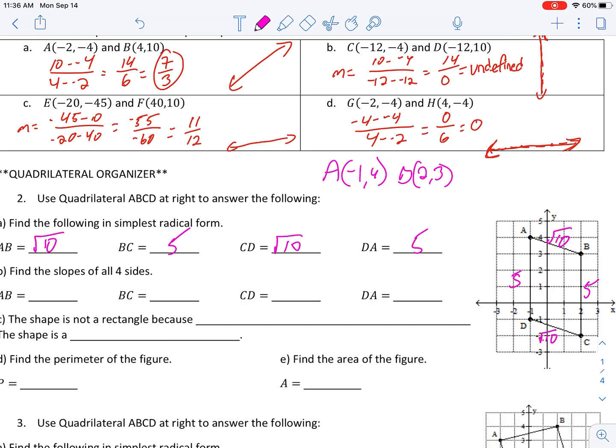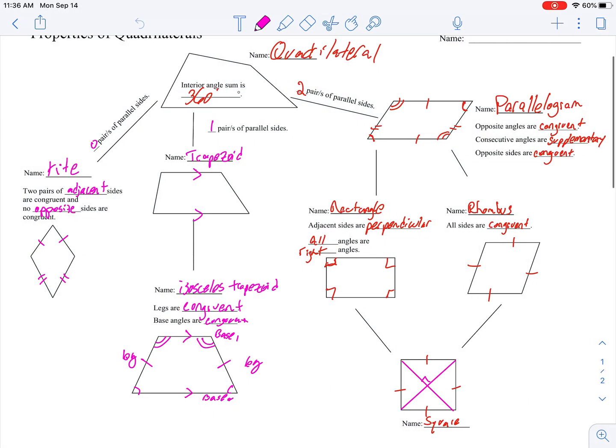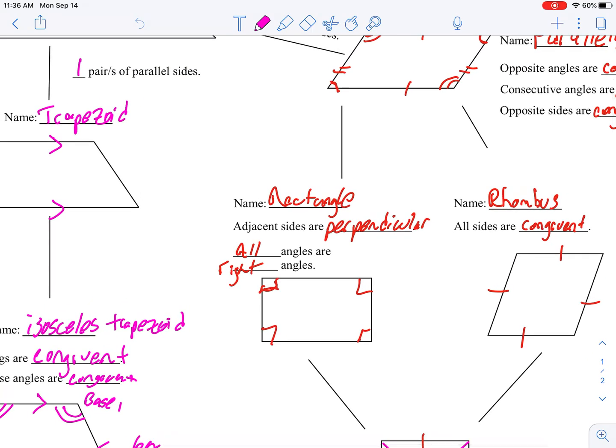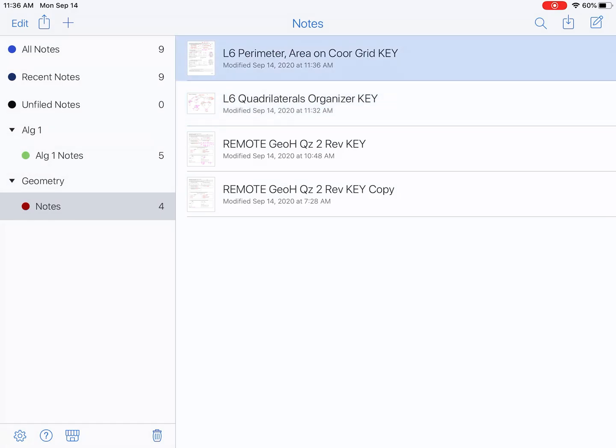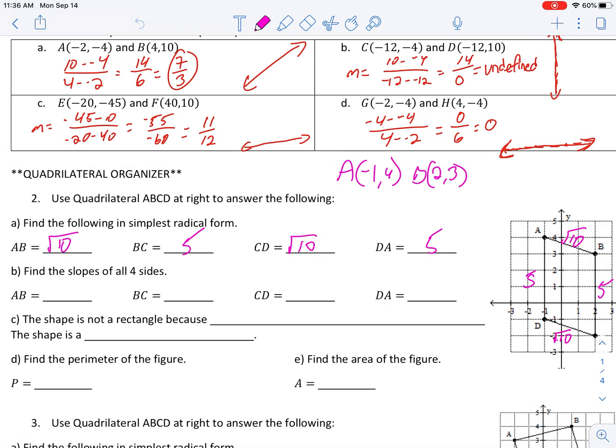And what tells me the difference between a parallelogram and a rectangle is all about the slope. So when I go back to my organizer real quick, we know in a rectangle, the adjacent sides are perpendicular. So we want to basically determine, is that the case here? So we first want to go through and find some slopes, okay?